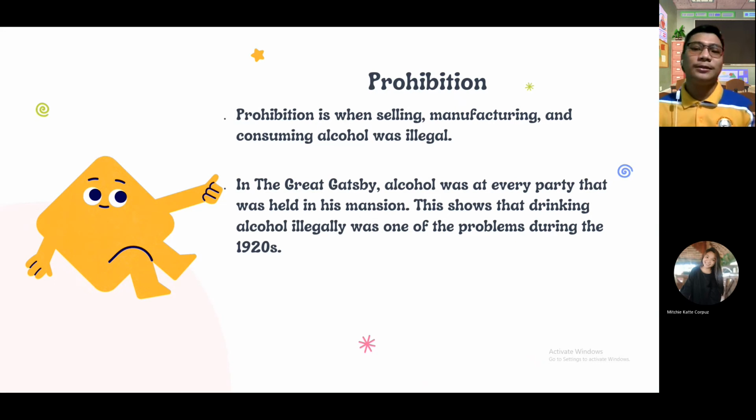Even when it was illegal, people drank alcohol, and many people got rich from having drugstores that sold alcohol. In The Great Gatsby, alcohol was at every party held in his mansion. This shows that drinking alcohol illegally was one of the problems during the 1920s.